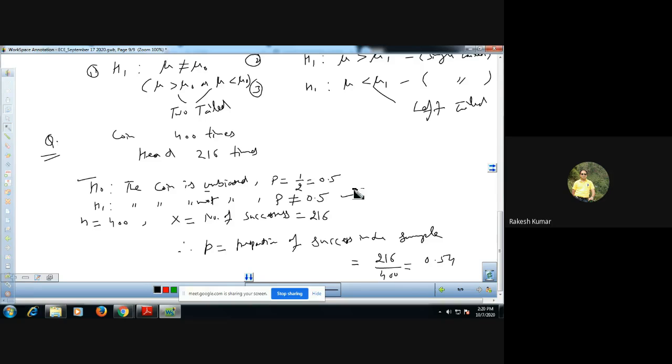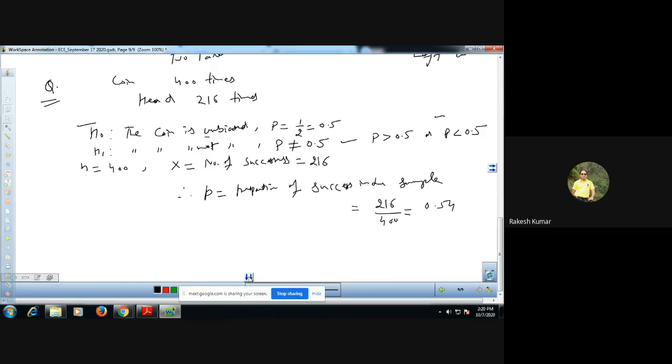This is the meaning of the alternative hypothesis. Not 0.5 means either the probability is greater than 0.5 or the probability is less than 0.5. So what is P? P is the probability of getting the head or getting the tail. Either the probability of getting head is more or the probability of getting tail is more. But generally that does not happen, because a coin is always taken with two sides, head on one side and tail on the other side.